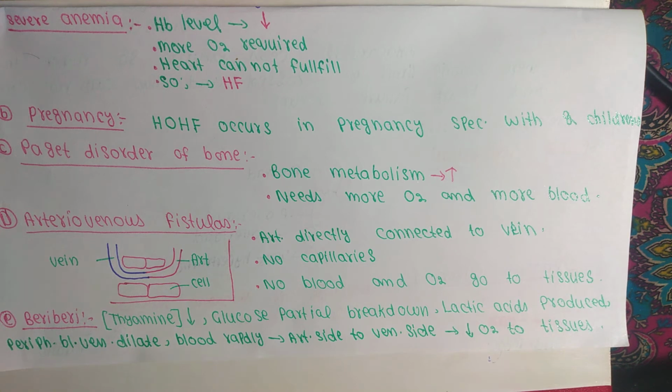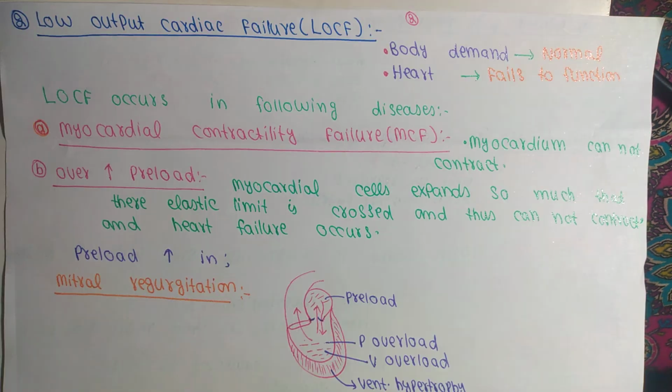Now we know that during beriberi, blood vessel dilatation occurs, and this results in rapid flow of blood from arterial to venous side. When blood flow is rapid, the time for diffusion of oxygen will be less, so less diffusion will occur, and the body's tissue oxygen demand is not fulfilled and heart failure will occur. So this was high output cardiac failure.